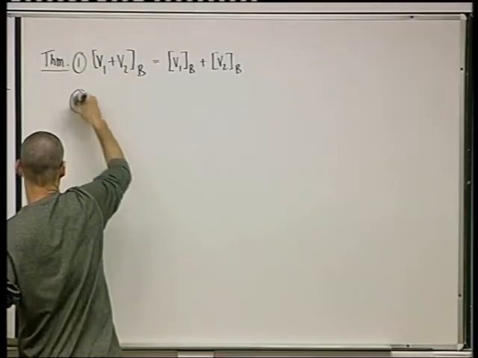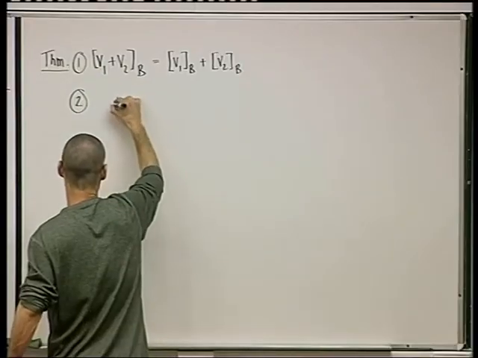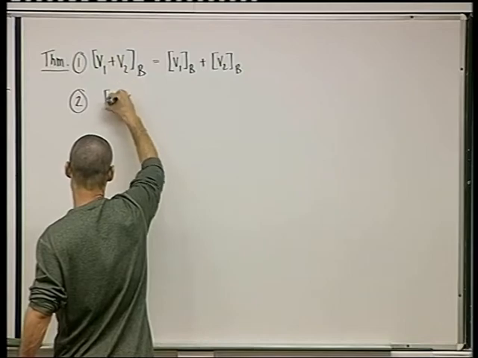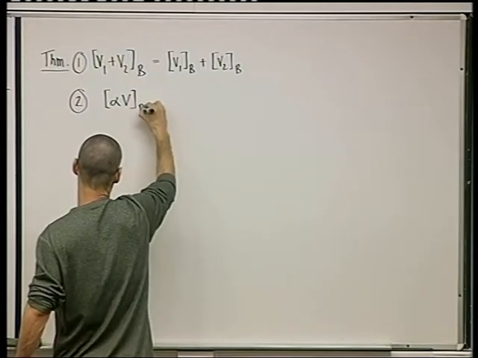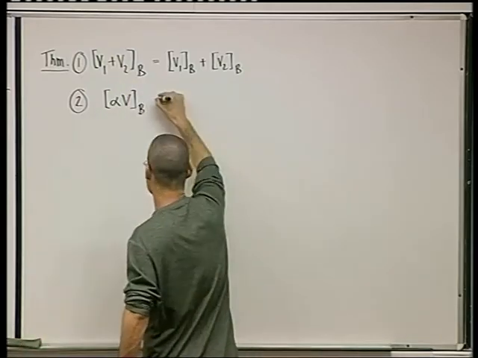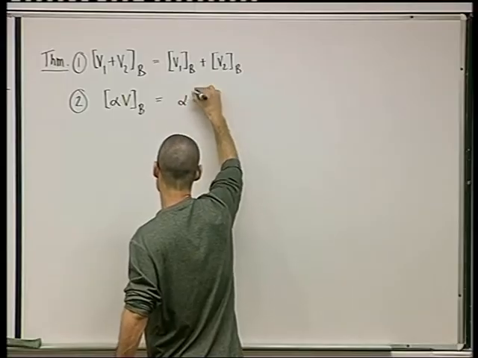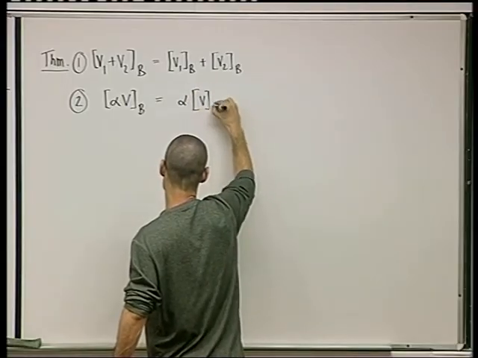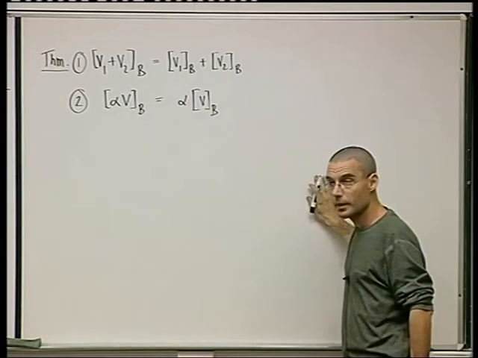Part 2 of the theorem, if you take a scalar multiple of a vector and ask what is its coordinate vector, it's just going to be alpha times the coordinate vector of the original. Okay?